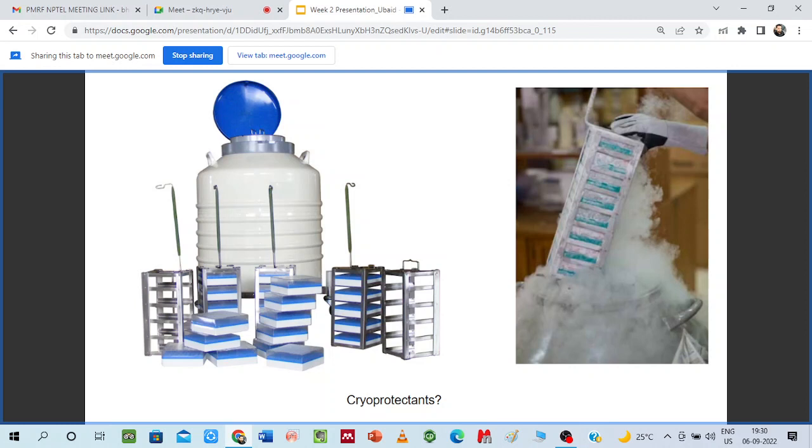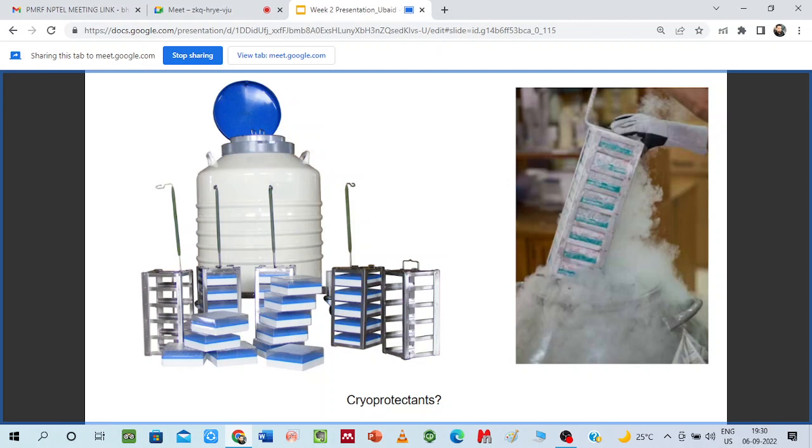If you freeze the cells by directly placing them in liquid nitrogen, its temperature is minus 196 degrees centigrade. Or sometimes, if the cells need to be stored for a shorter time, you can also store them at minus 80 degrees in a deep freezer.